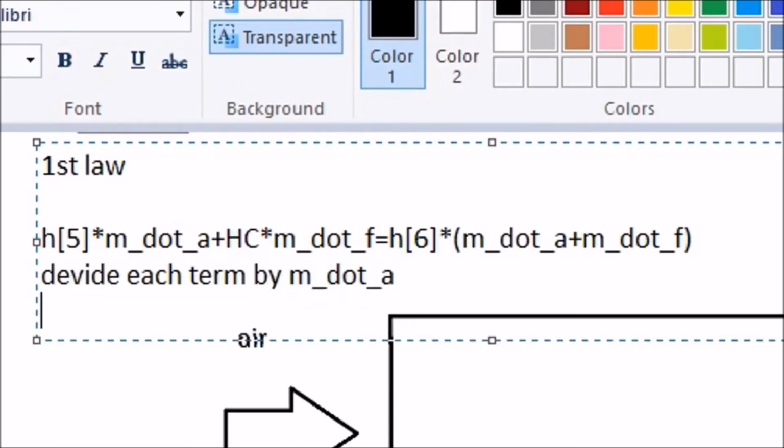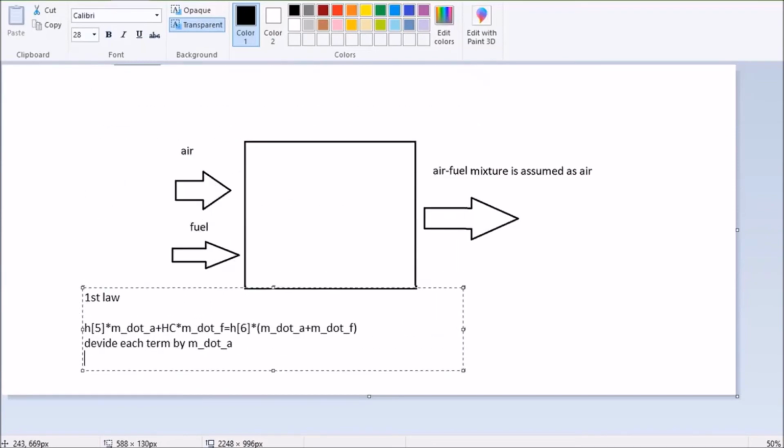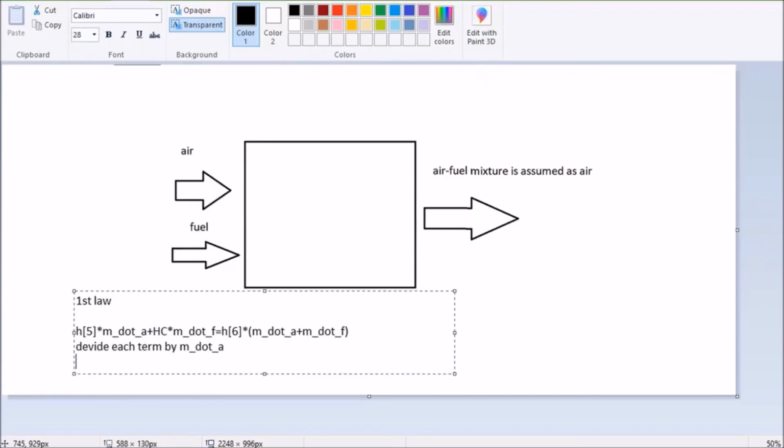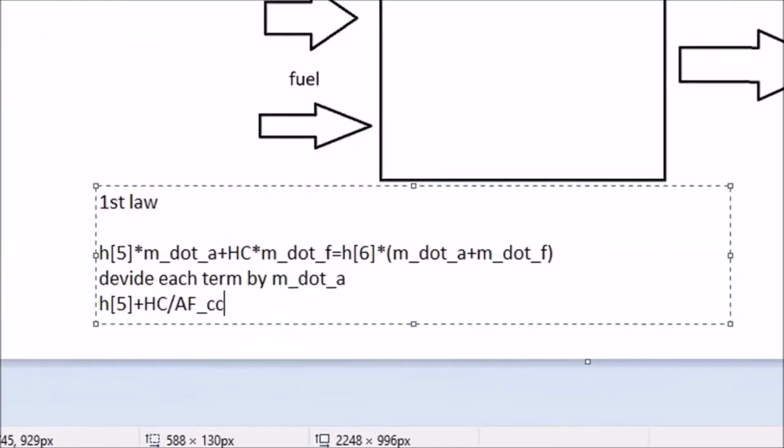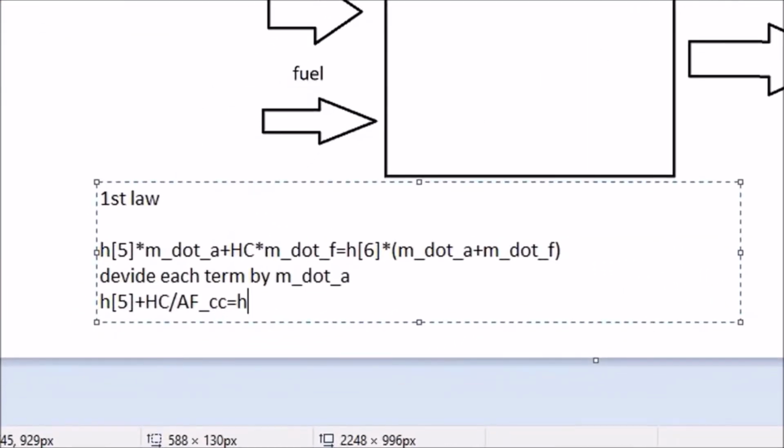If you divide by m dot air, you will have H5 plus HC by the air to fuel ratio of the combustion chamber, which should be equal to H6 into 1 plus 1 by the air to fuel ratio of the combustion chamber. Here the air to fuel ratio of the combustion chamber is m dot air by m dot fuel.